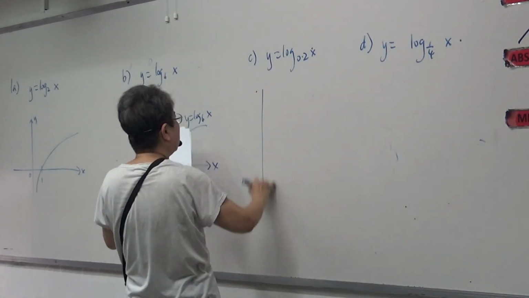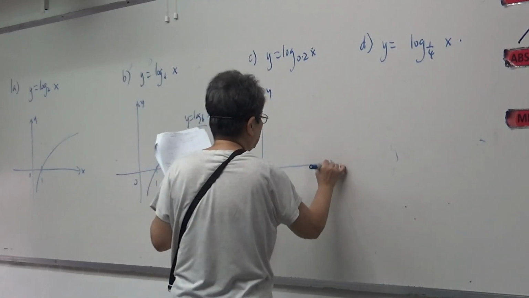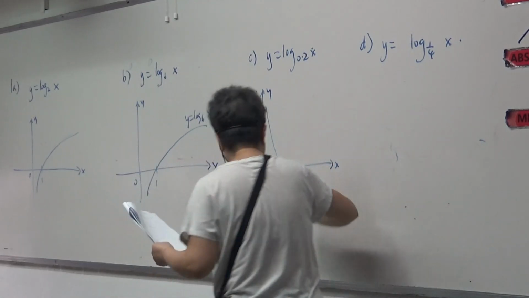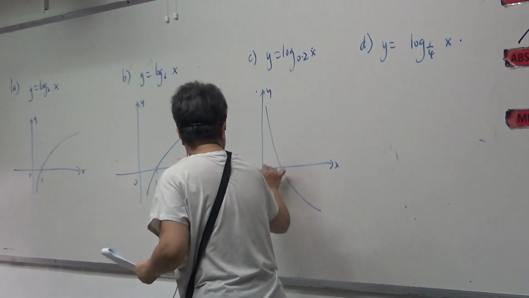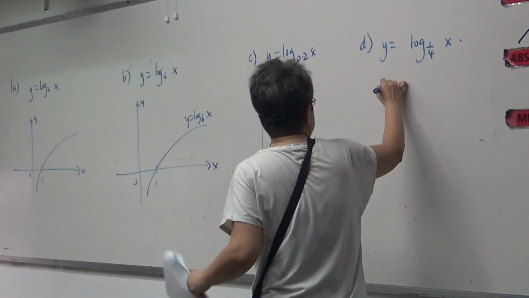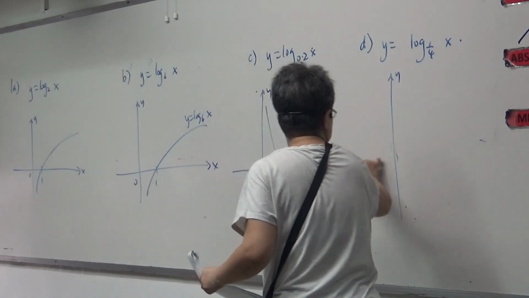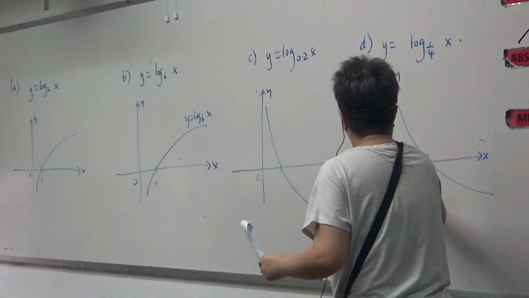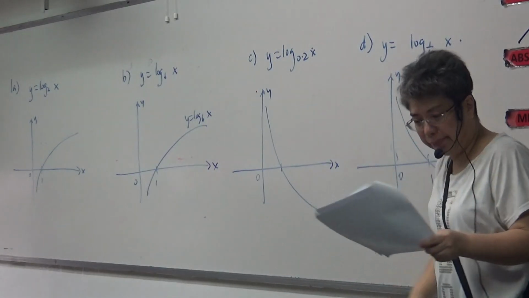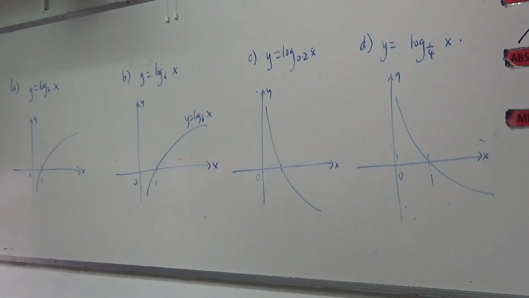Part C. You will go this way, right? Correct. And it cuts at what? 1. Part D, it will also go this way, right? Why? Because this is less than 1. Is that clear?